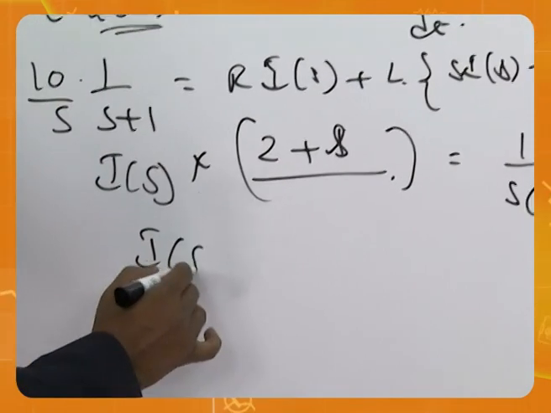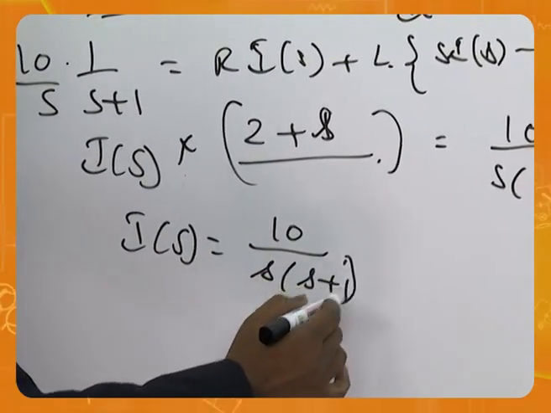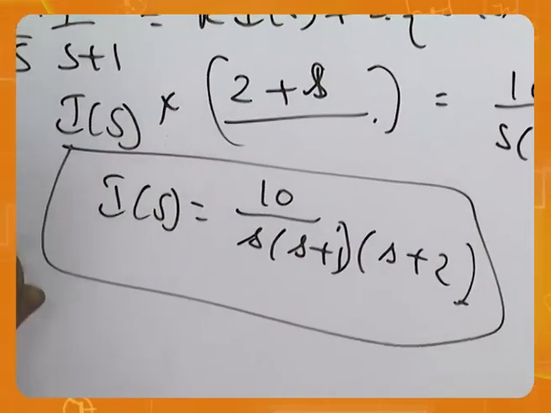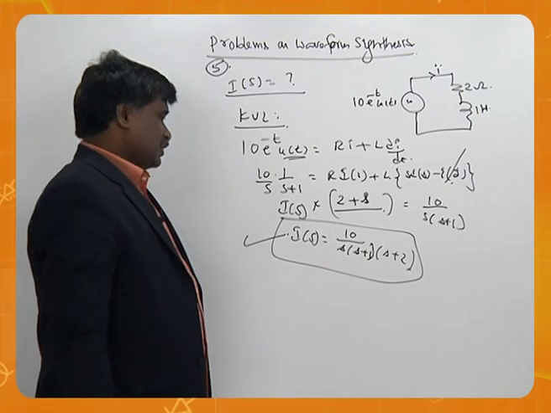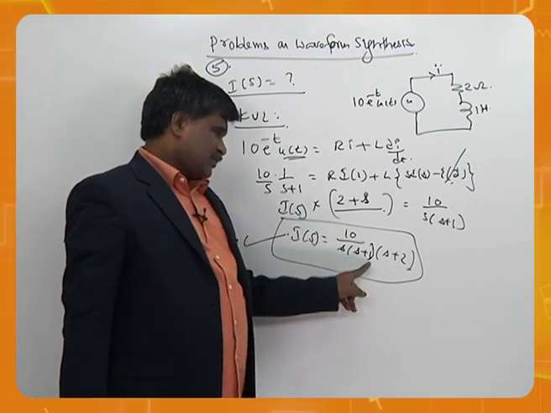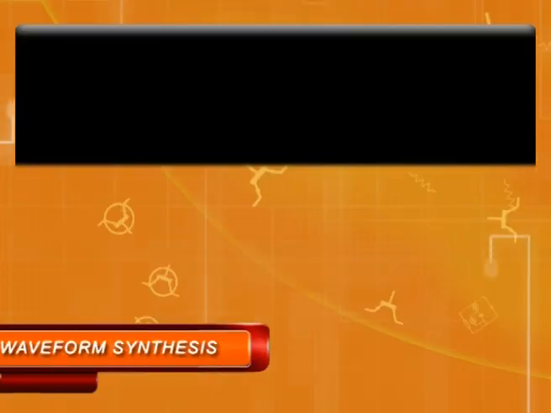So what is I of s now? 10 by s into s plus 1 into s plus 2. This is the answer. So he is asking us to calculate 10 by s into s plus 1, s plus 2. Let's go to sixth question.